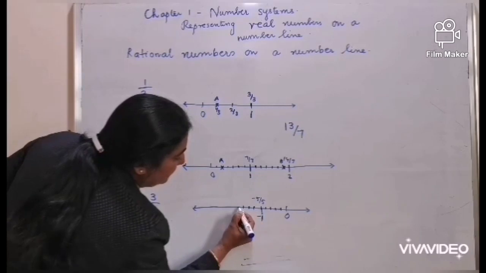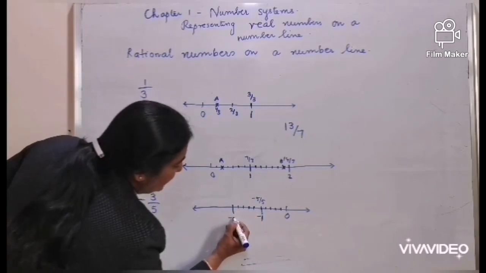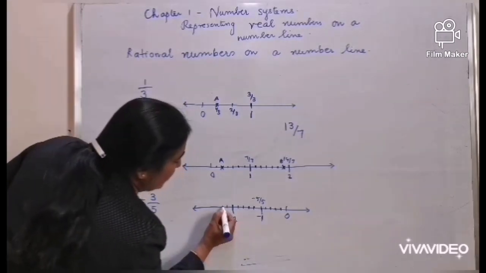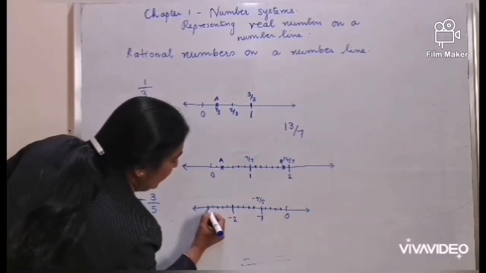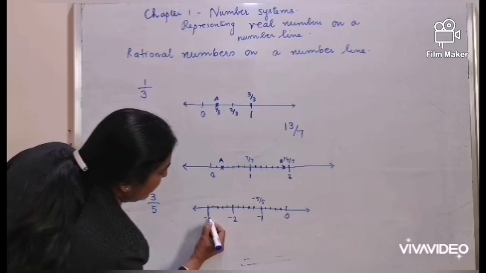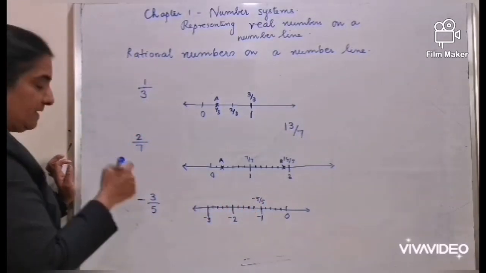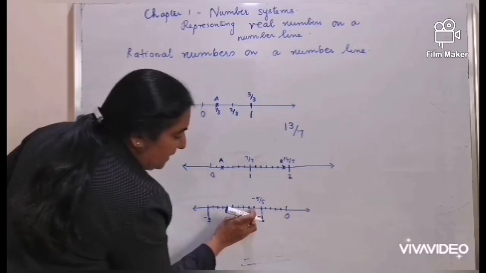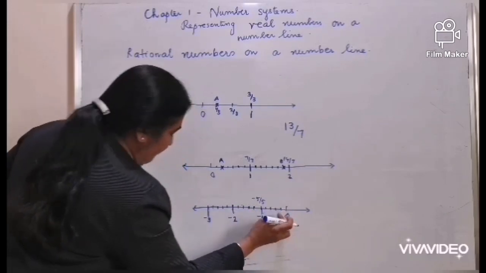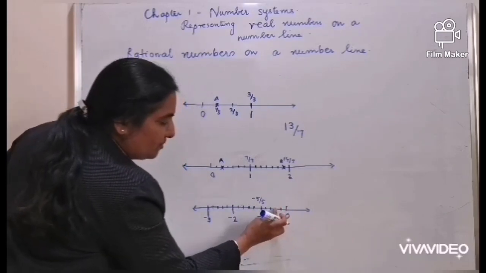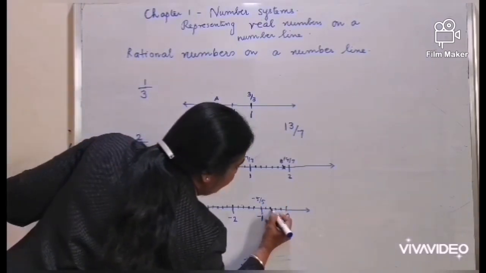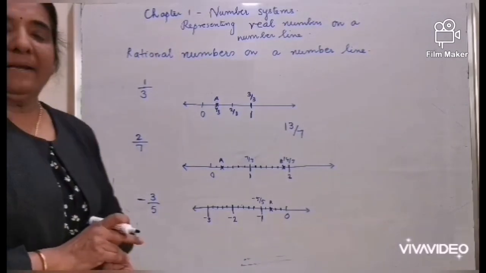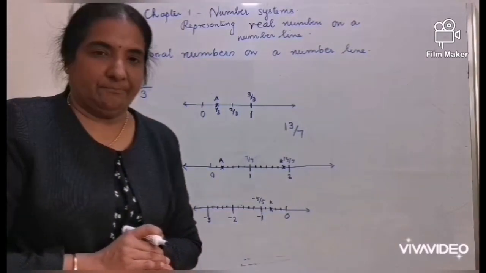Continuing till minus 10 by 5, you will get minus 2. If you continue further, you will get minus 3 and so on. Thus, to plot minus 3 by 5, count minus 1 by 5, minus 2 by 5, minus 3 by 5; the point A represents minus 3 by 5.